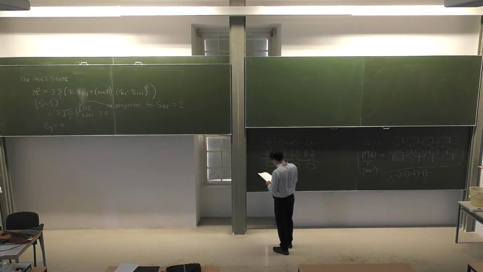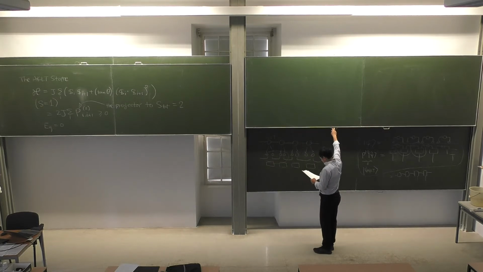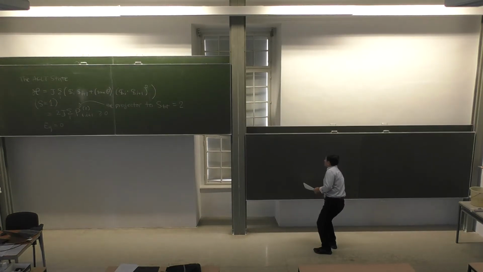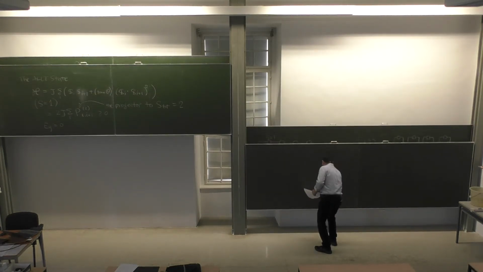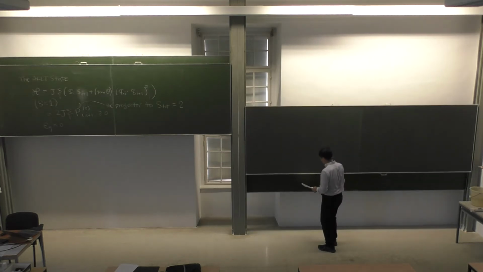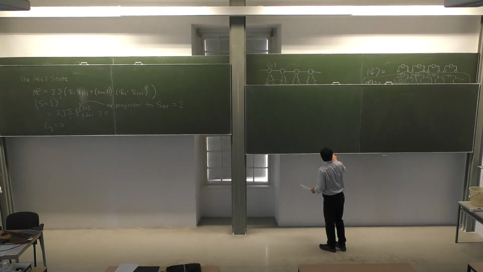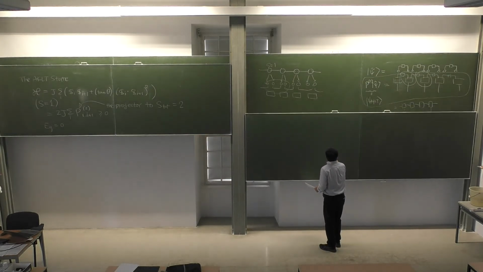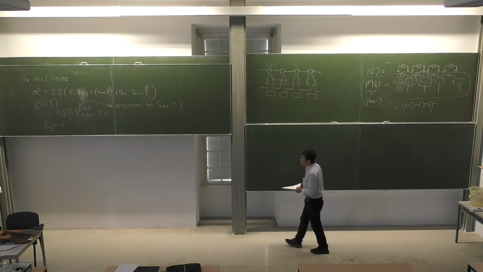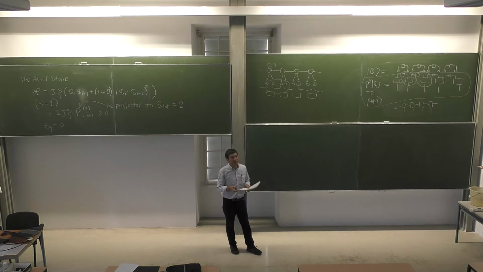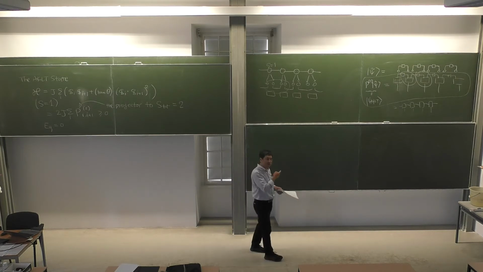So this is rather simple. The important fact here is that the AKLT state can be represented by a tensor network with finite bond dimension, in this case, 2.